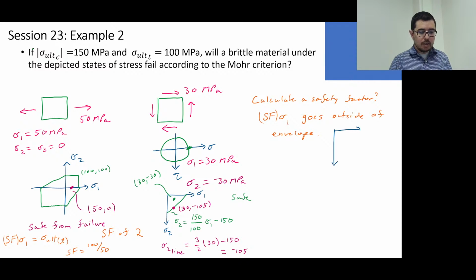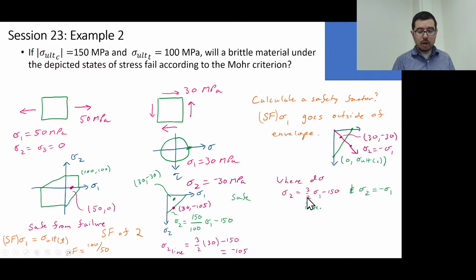Well, here's that envelope line. Here's that operating line. We've got to figure out, as we move along this operating line, when we're going to cross the envelope line. And we know that sigma 2 is equal to minus sigma 1.